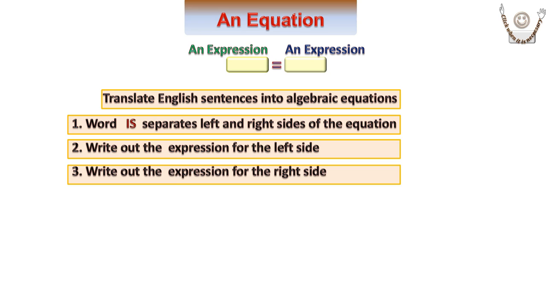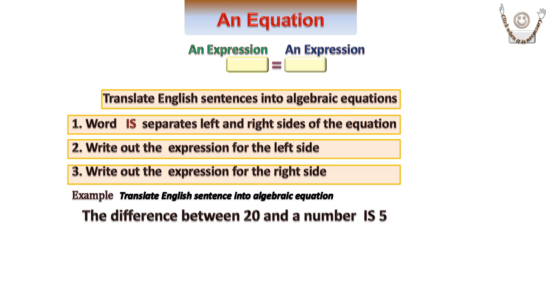Here is an example. Translate the English sentence into an algebraic equation: The difference between 20 and a number is 5. So what we have, the word "is", separates two expressions, left and right. On the left, whatever is colored in green is the expression for the left, and 5 is just the expression for the right.